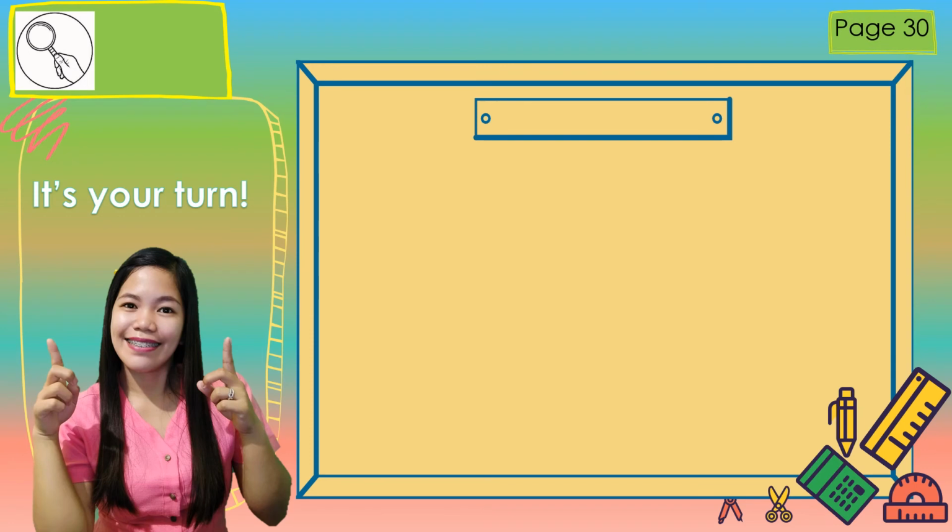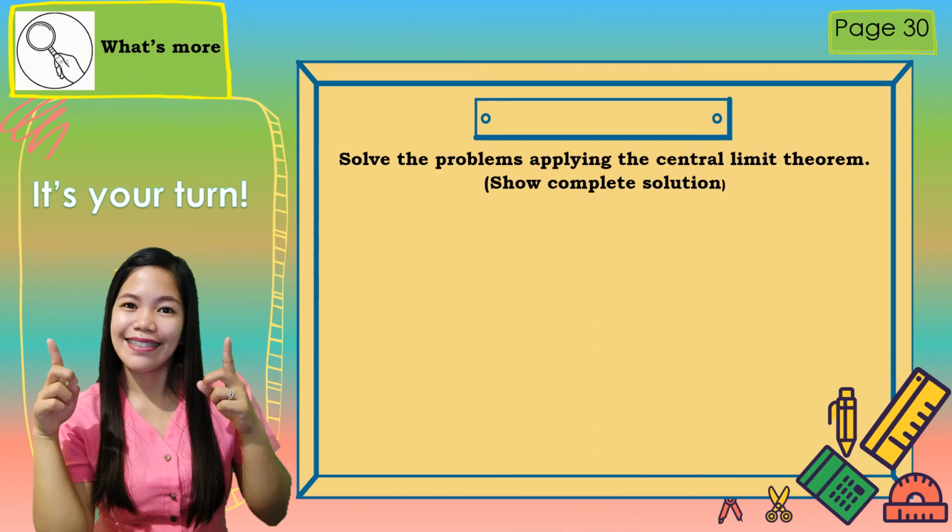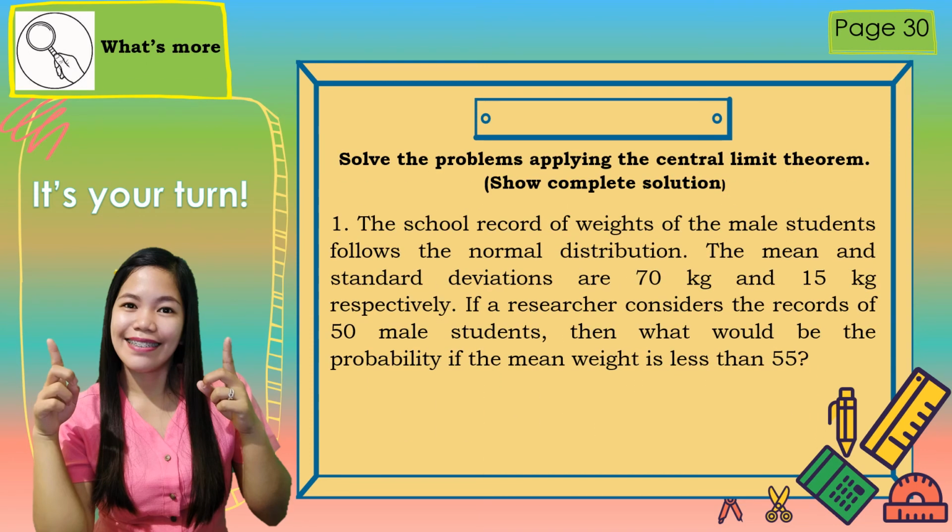Now it's your turn. On page 30, what's more, solve the problems applying the central limit theorem. Show your complete solution. For number 1, the school record of weights of male students follow the normal distribution. The mean and the standard deviation are 70 kilograms and 50 kilograms respectively.